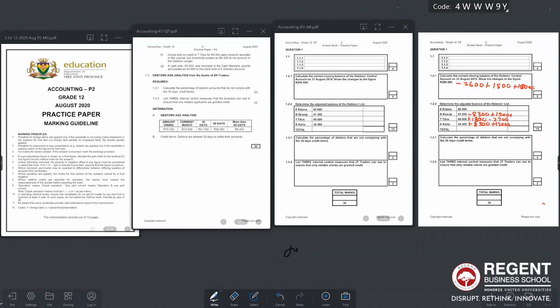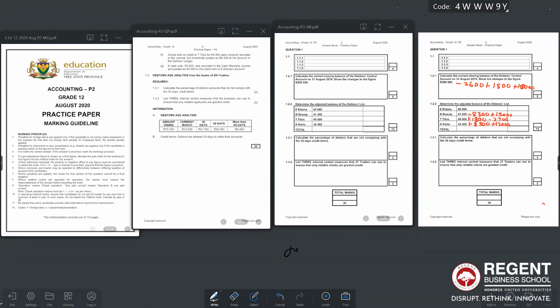You shouldn't have brought Elisma into the picture here at all, because she came, she bought for cash, paid, took the goods and went. That was a normal cash sale, but the bookkeeper made a mistake and went to Elisma's account and decreased it. When you credit a debtor, you are decreasing the account. So they decreased Elisma's account by an amount of 3,900.